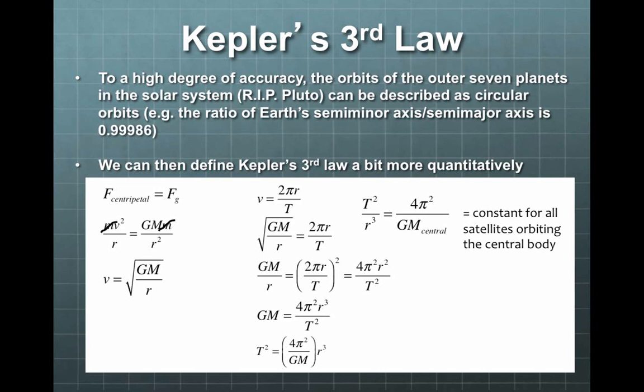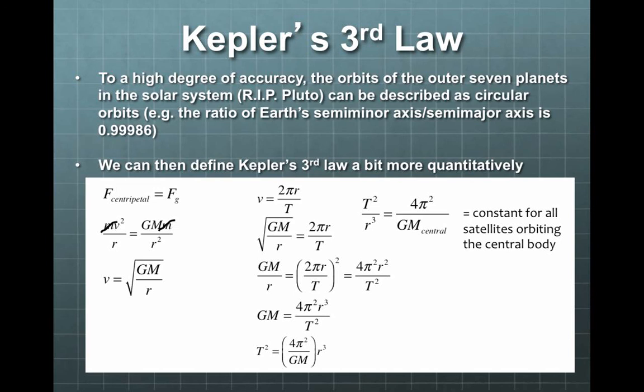The other way is by realizing that this ratio of a given satellite's period to its radius is constant. So the square of the period divided by the cube of the radius is constant for all satellites orbiting that central body.